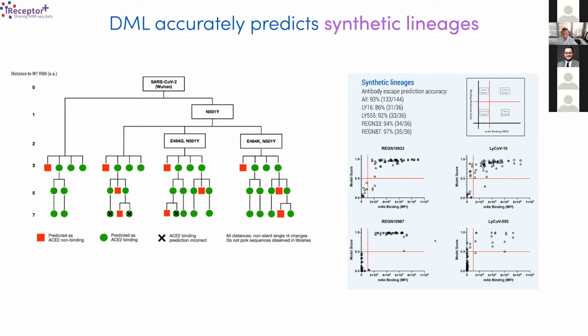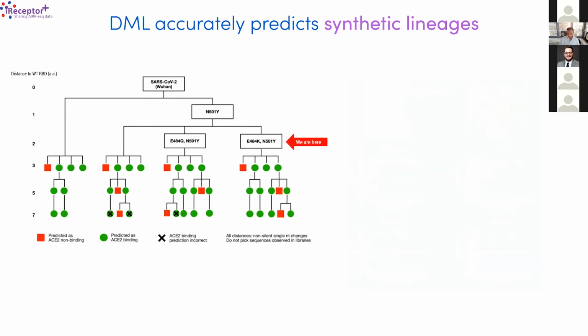So the data from the test data accuracies line up pretty well with these synthetic lineages. And so it really shows you we have some pretty powerful models, and we can really predict these combinatorial variants. Notably, if you consider that we're here, this is basically the beta variant, or 2 mutations is even the delta variant in terms of the number of mutations from wild type.